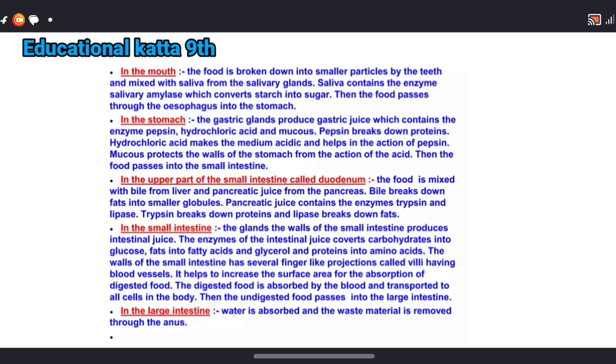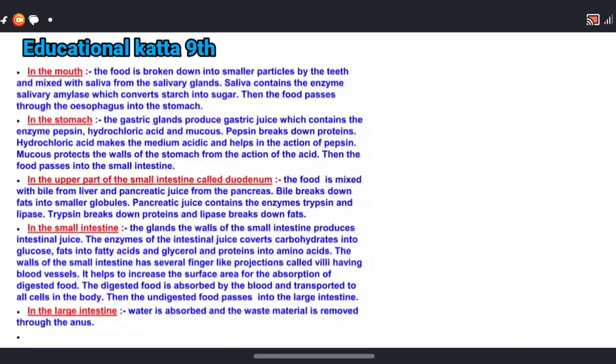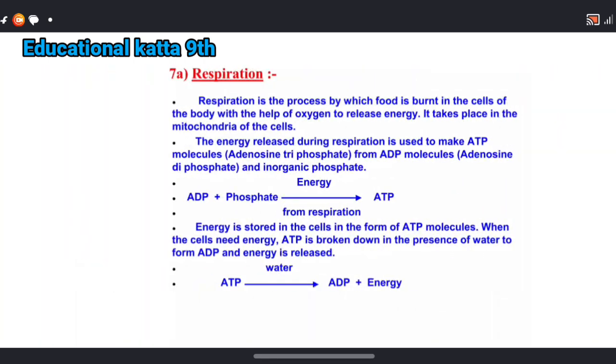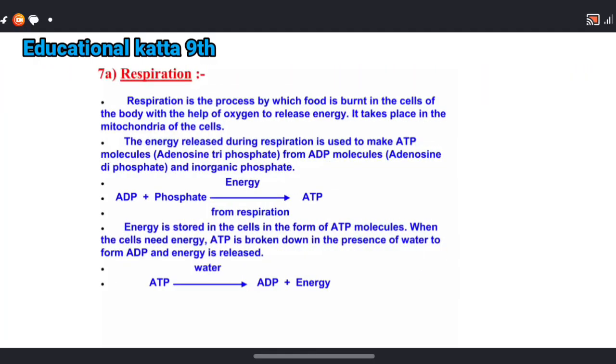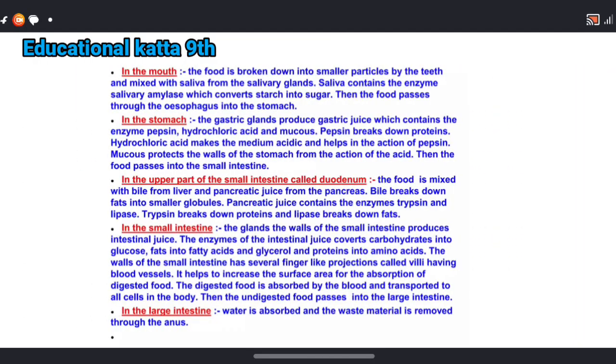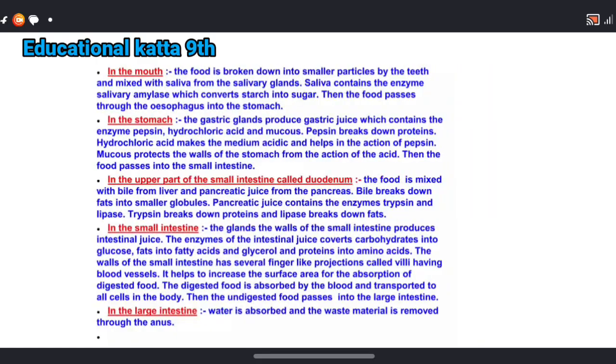So this all you have to read by yourself, I will just explain you. Digestive glands are remaining. Digestive glands I will clear and then I will end this video. From this we are going to learn in the next part, okay. 4 parts will be there.